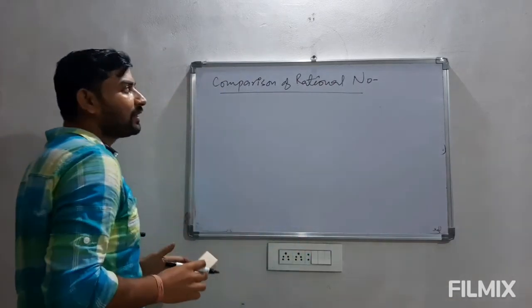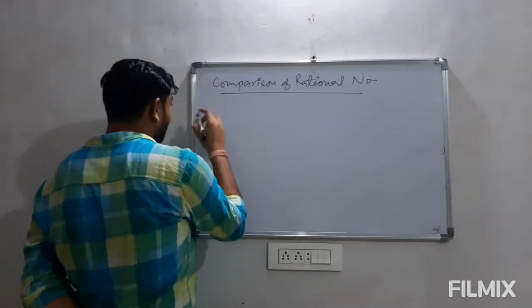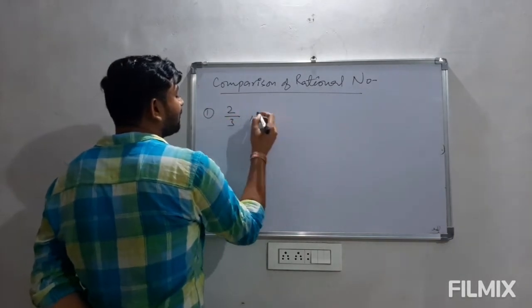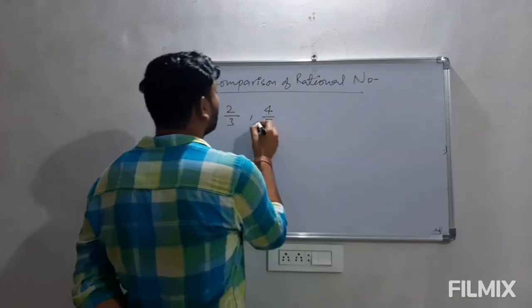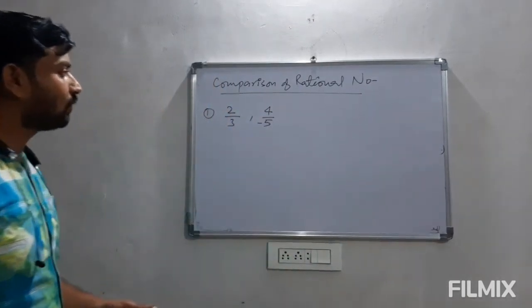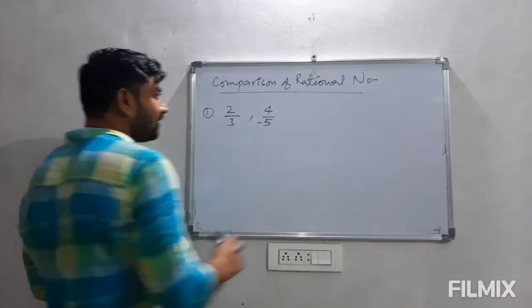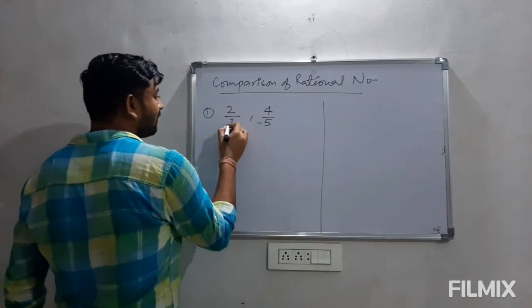Suppose I take an example 2 upon 3 and 4 upon minus 5. We want to compare these two rational numbers. There are two ways. First thing is the equivalent method, and second thing is more simpler.